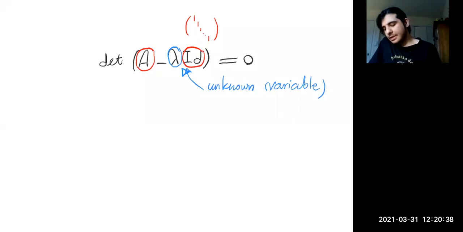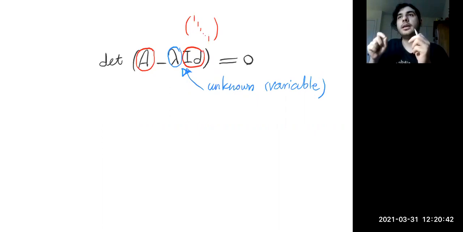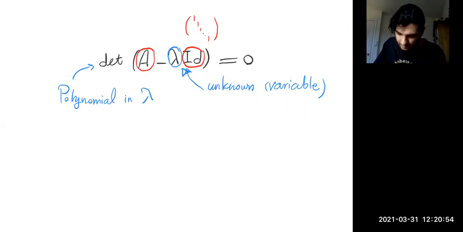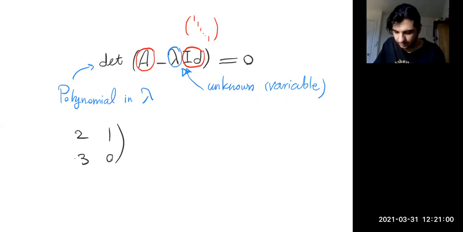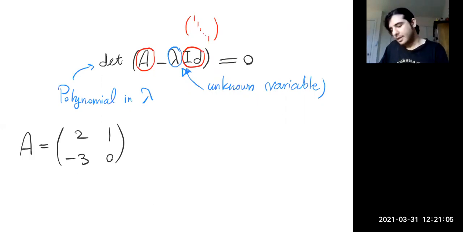If I do that, this equation would be a polynomial in lambda. So for example, take the matrix we chose, 2, 1, minus 3, and 0. We can look at this polynomial for that matrix.